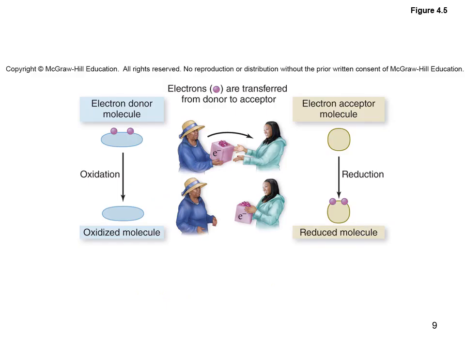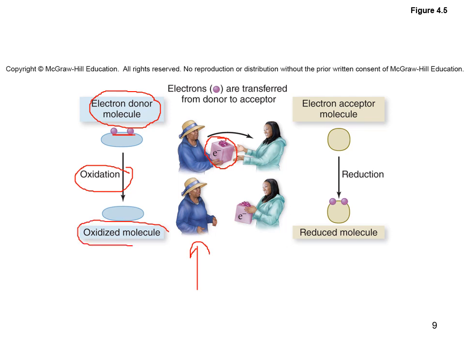Please keep in mind that this is a reference for the movement of your electrons. Here is an illustration from the book, and as you can see, you have two lovely ladies who are doing a gift exchange. The first lady in blue with her hat is going to represent our electron donor, and she will be giving away the electrons as symbolized by the gift right here. As the electrons are released, we say that's an oxidation process occurring.